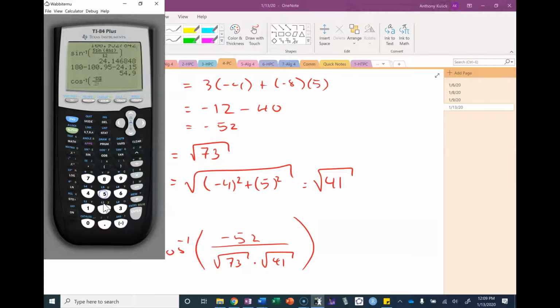That allows me to type this in exactly as it looks on my sheet of paper, so it's difficult for me to make a mistake with my parentheses. So my answer for this should be about 161.9 degrees.